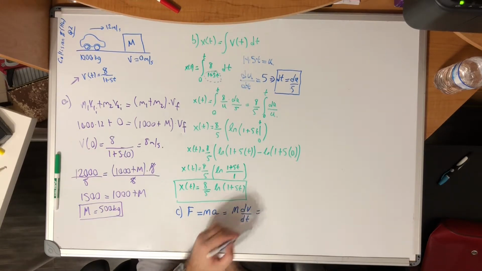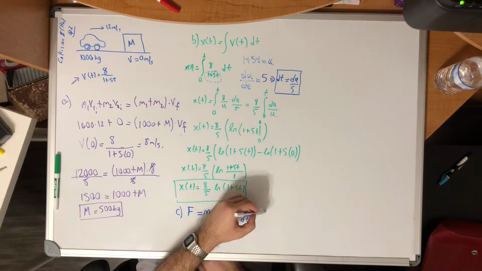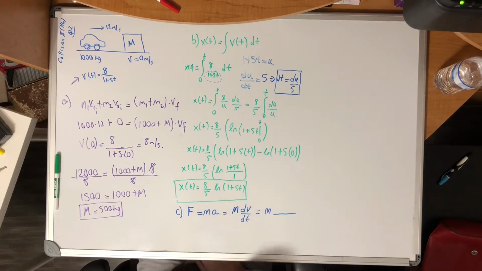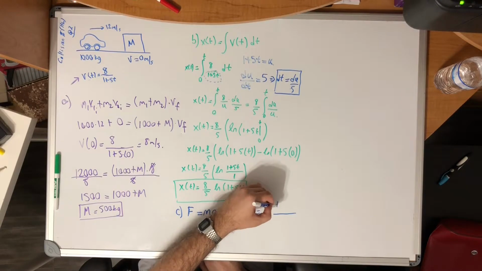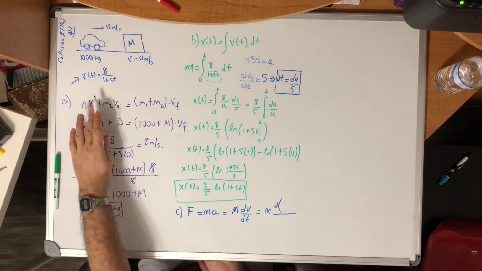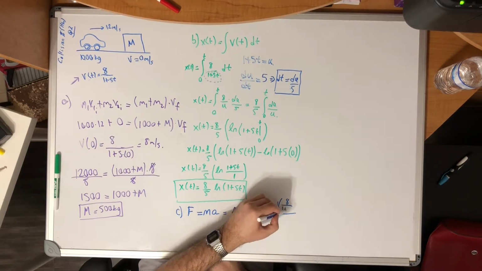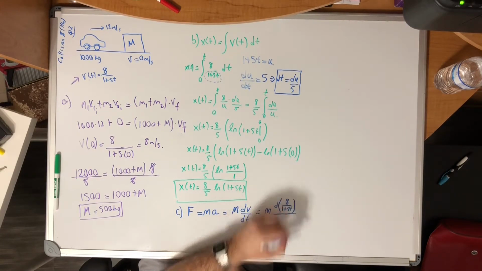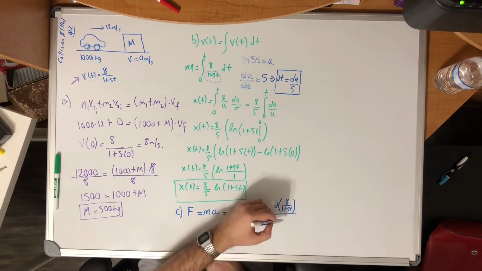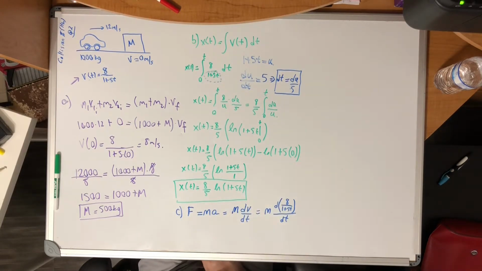Then I know my v function, so my equation will become m times d/dt of my v function, which is 8 divided by (1 + 5t). So now we just need to take the derivative of this function with respect to time.